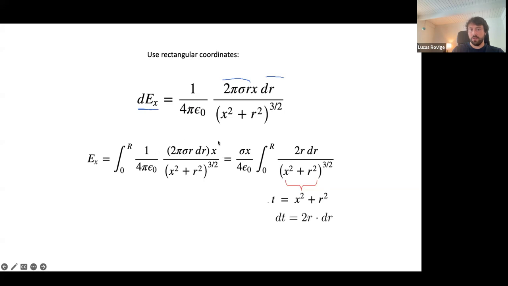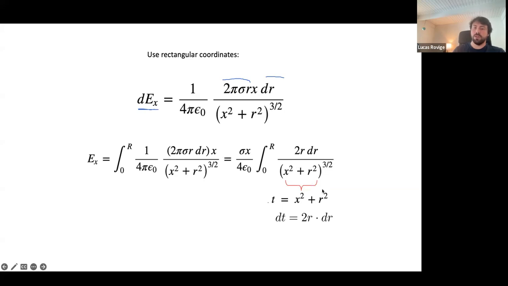And so when we do that, we can get the constant terms out of the integral. And then we have the integral between 0 and R of 2r dr over (x squared plus r squared) to the power 3 halves. And this time, we can do the computation.